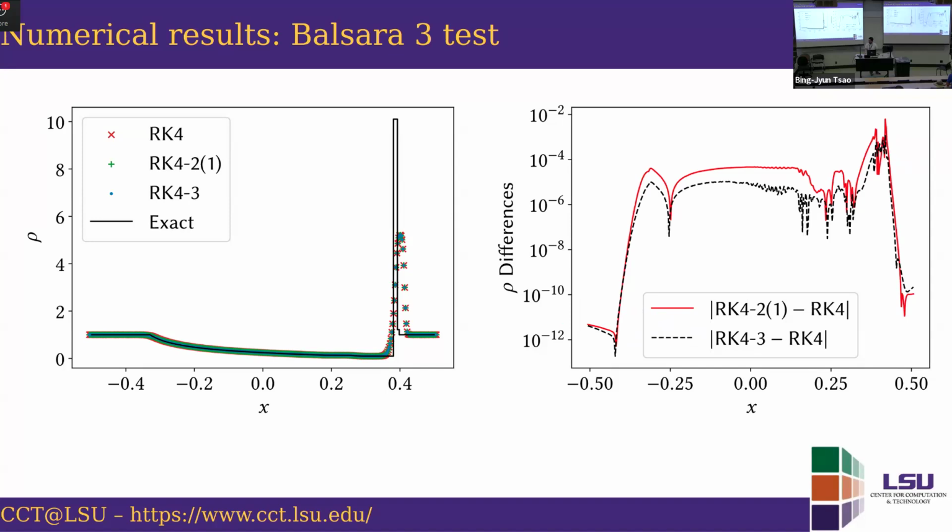Oh, right. So the question was, what are the Balsara tests? The Balsara tests are a standardized test suite of finite volume codes, right? The idea is you're going to initialize your fluid quantities. Here we are looking at the fluid density, right, with some analytically known initial data solutions.